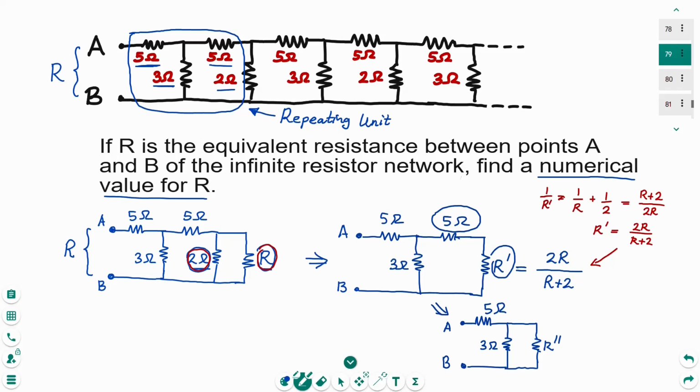Now R double prime is the sum of the two resistors because they are in series with one another. So I can write 5 plus R prime, which is 5 plus 2R divided by R plus 2. Okay, now I am going to continue this on the other side.